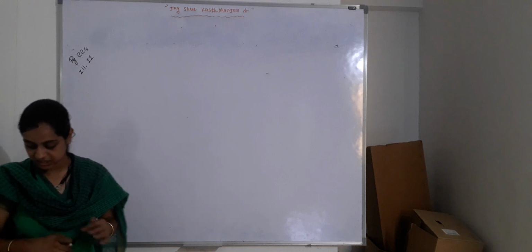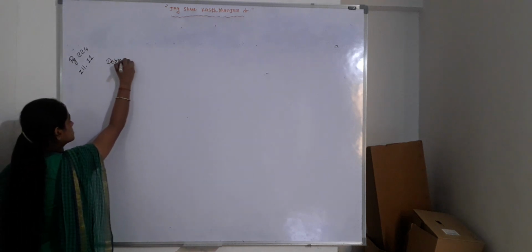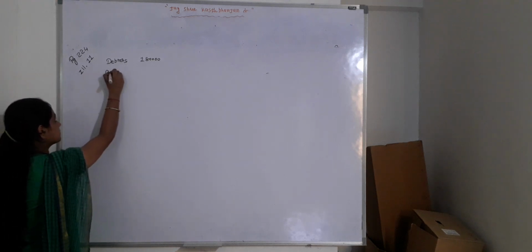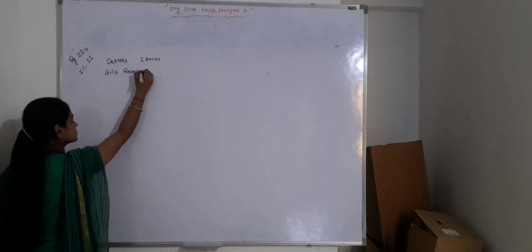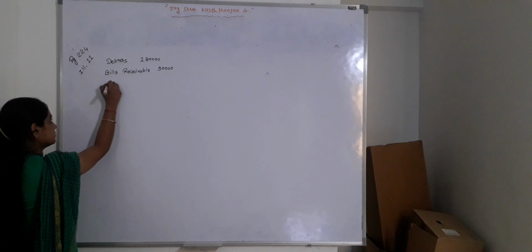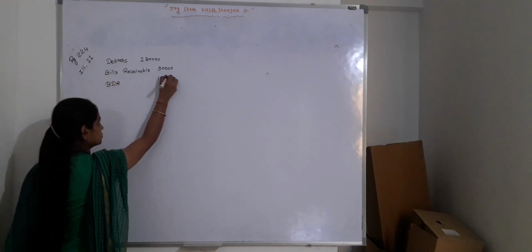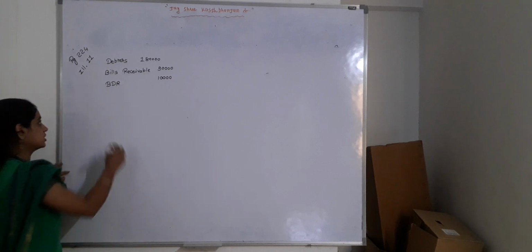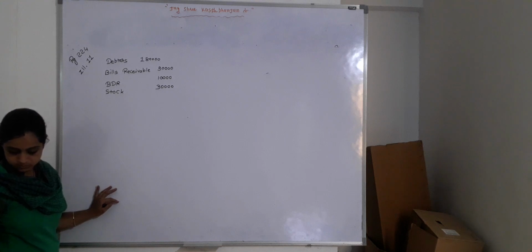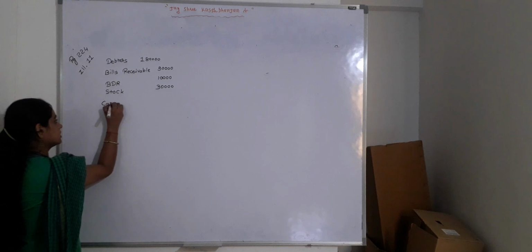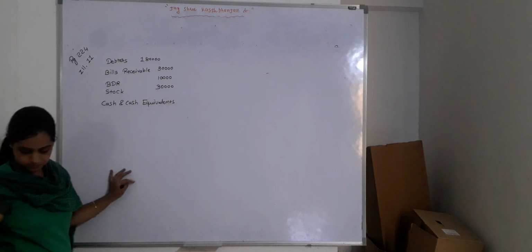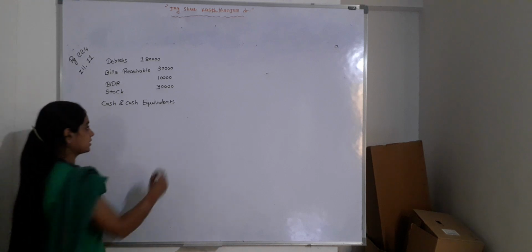For that, they have given us debtors 1,80,000, bills receivable 30,000, bad debt reserve 10,000, stock 30,000, then cash and cash equivalents are 45,000.